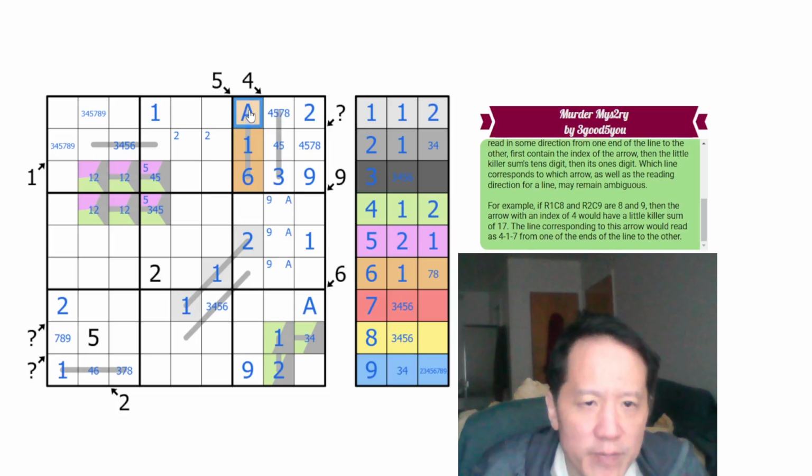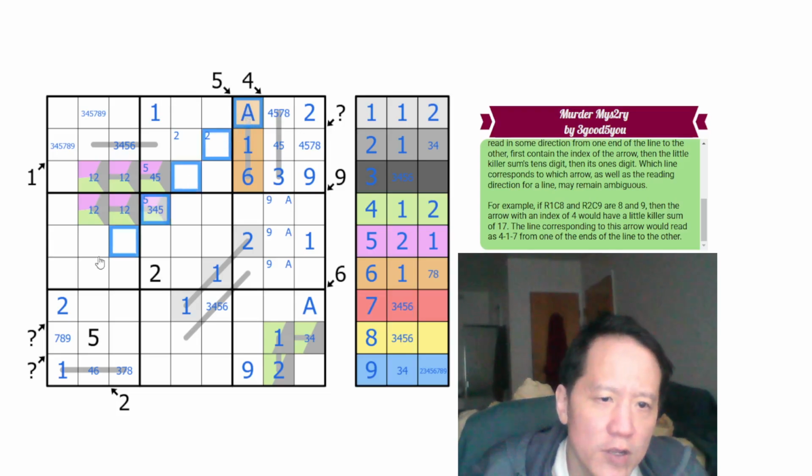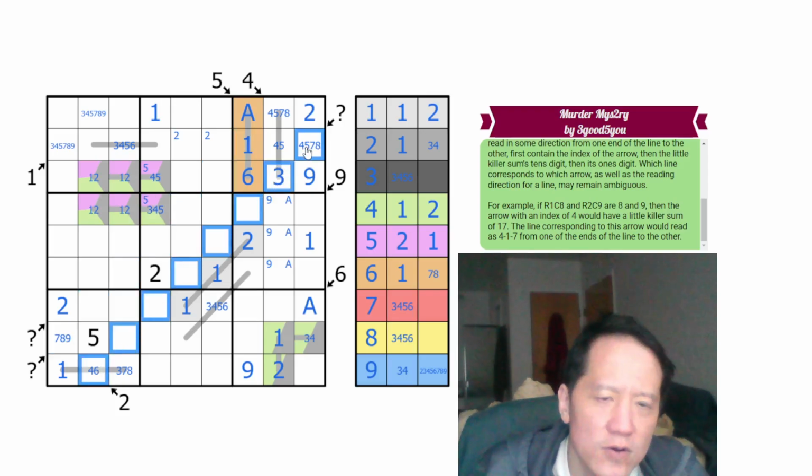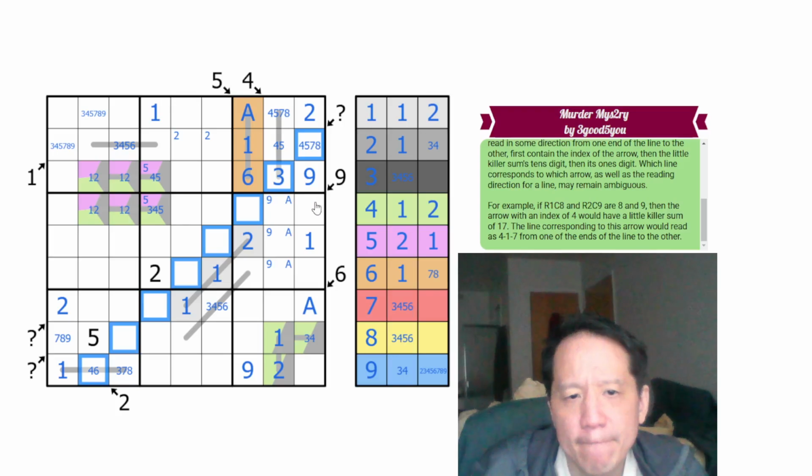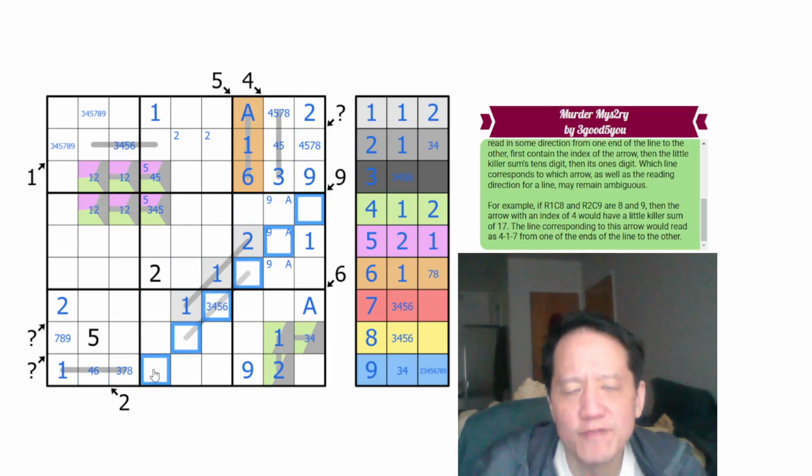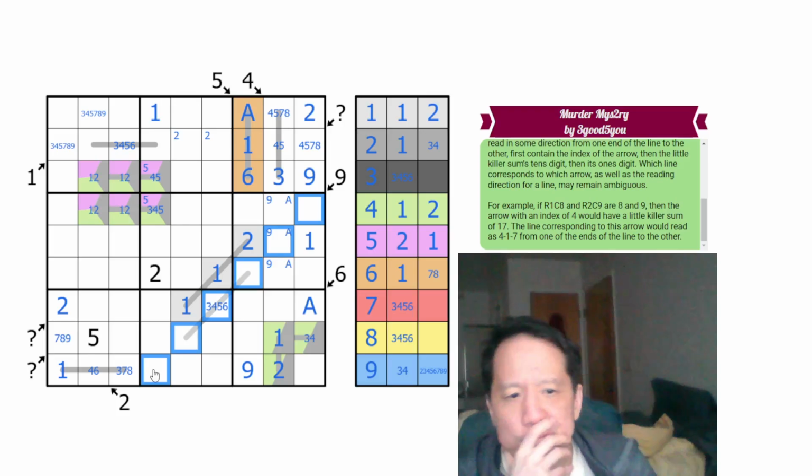So this is at most 40. This could still be 60, and this could be 50 here. Obviously, the 9 could be 40 something also.